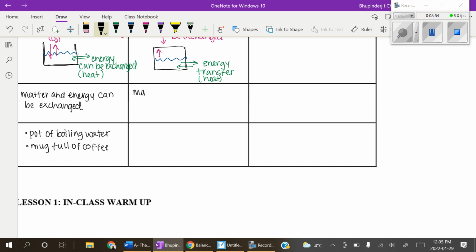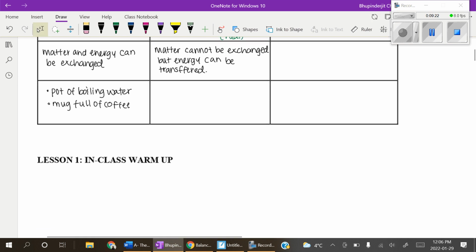Matter cannot be exchanged or transferred, but energy can be transferred. And when I'm using the words transferred and exchanged, they mean the same thing.